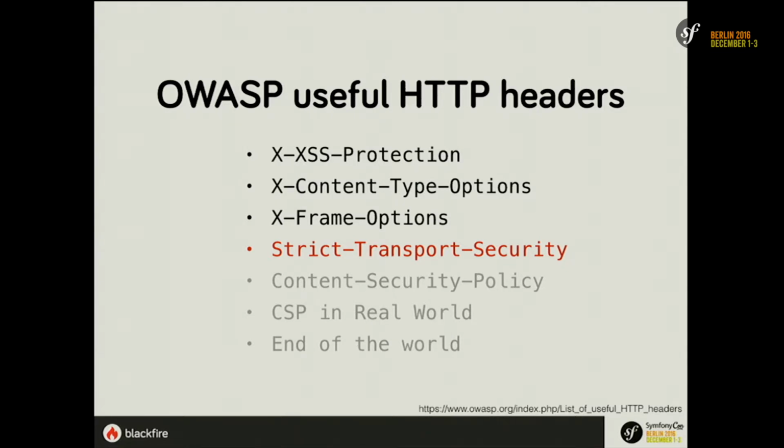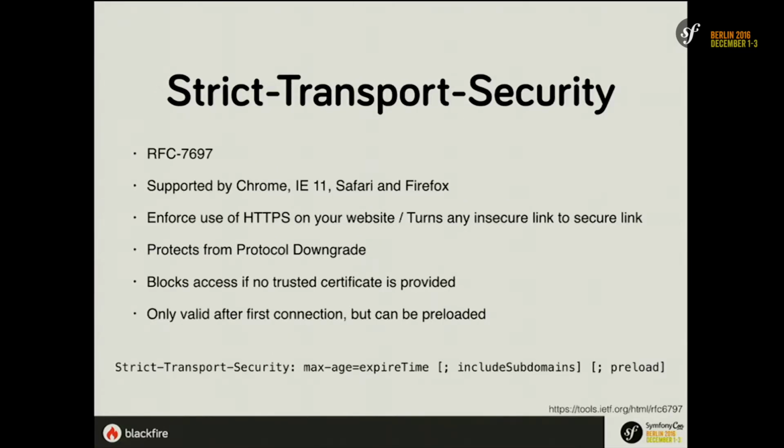Strict-Transport-Security now. We'll spend a bit more time on it. You may know this header. It's not trending, not popular, but it's quite useful, and some of us are using it. It's a header that prevents protocol downgrade, and prevents forged certificates, for instance when you want to be google.com with a forged certificate. It won't work.